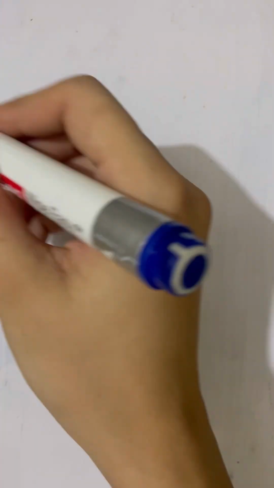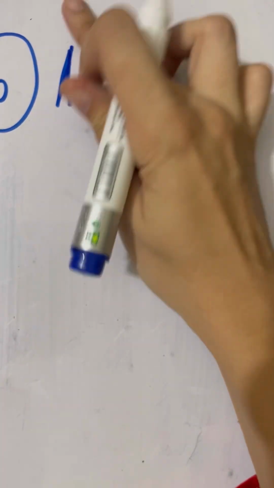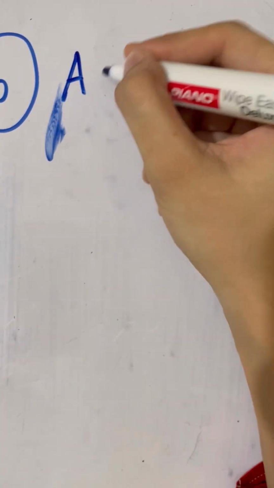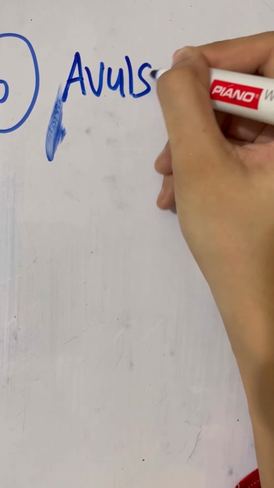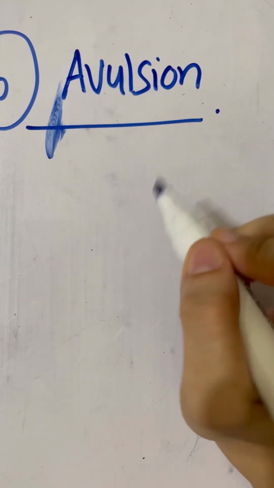The sixth type of injury is avulsion. We already know that avulsion means completely out of the socket.